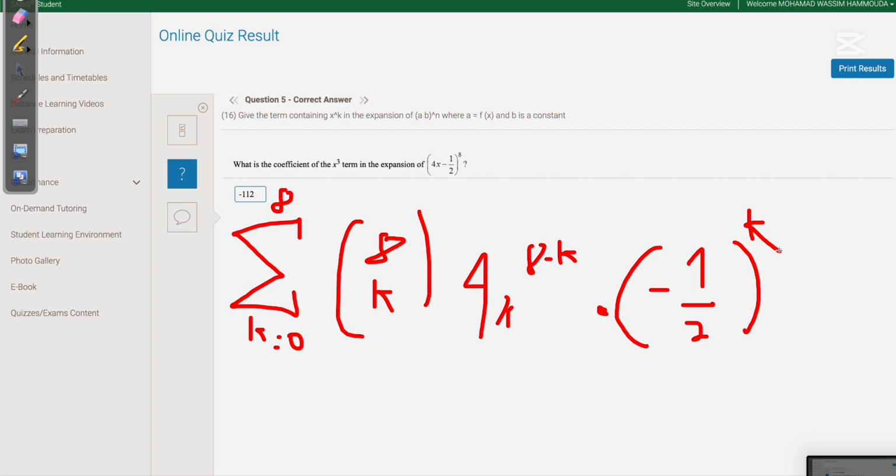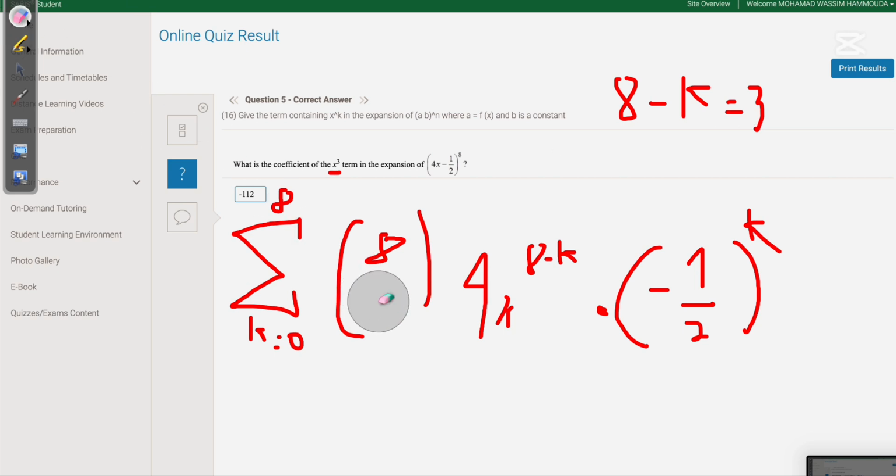Now we need to find k. Here they ask for the x cubed term, which means the power should be 3. Since we only have 4x with x itself, we can just say 8 minus k is equal to 3, which means k would be 5.